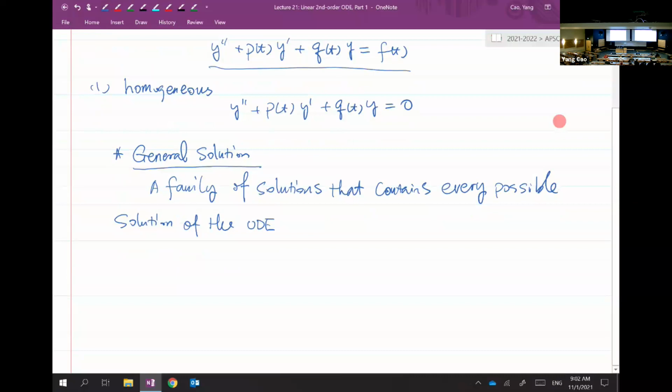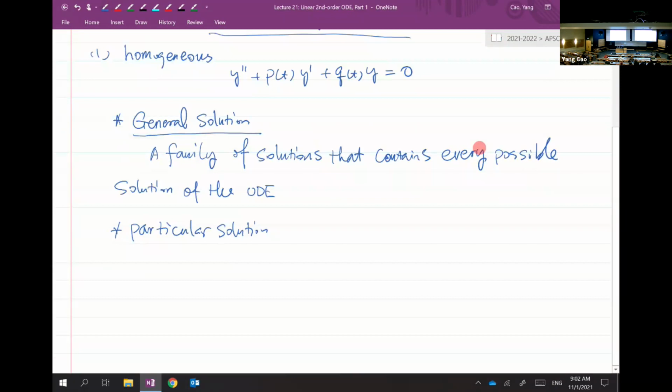That's why it's called general, right? It's not a particular solution, which brings us to the concept of particular solution. A particular solution is just one member of this family of solutions.